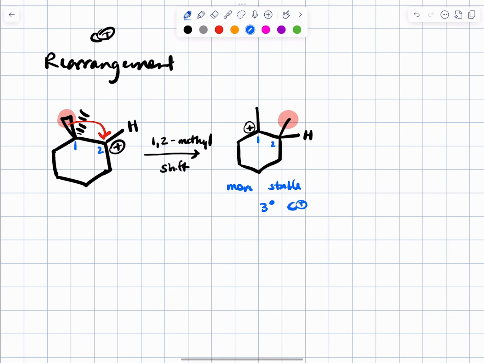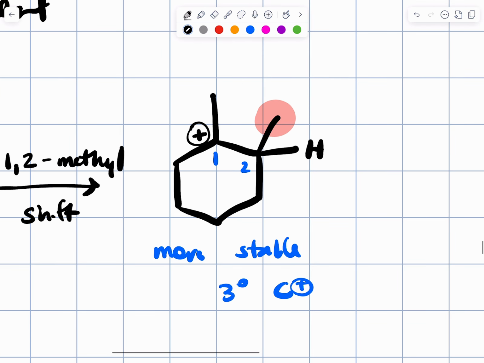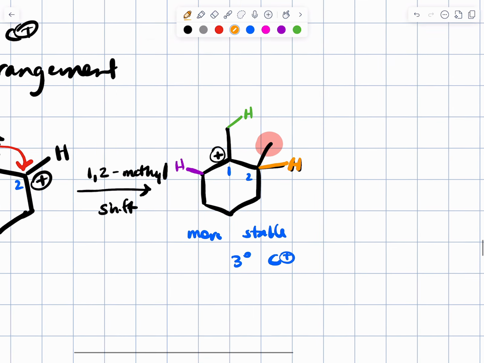Okay, now I must consider the E1 elimination products from this carbocation. So now we're back to sort of chapter 8. What we want to do is identify the various beta protons that are present, and there are 3 of them. Orange, purple, and green.